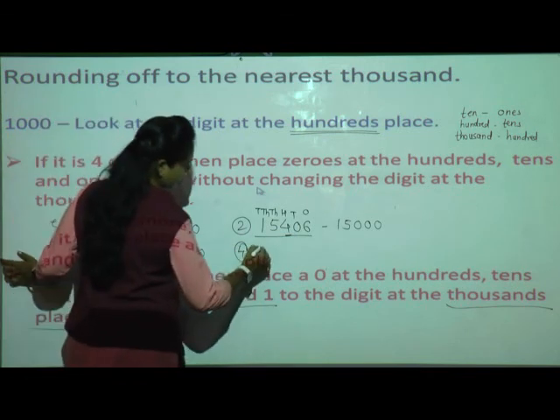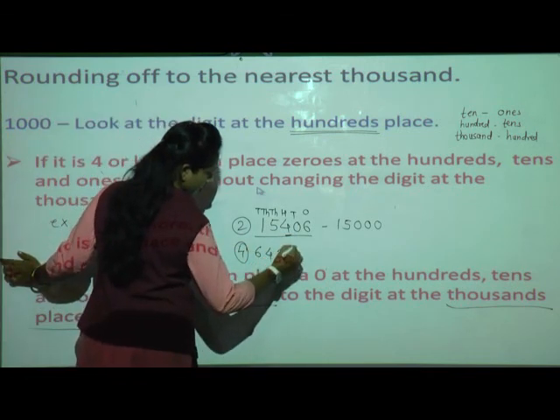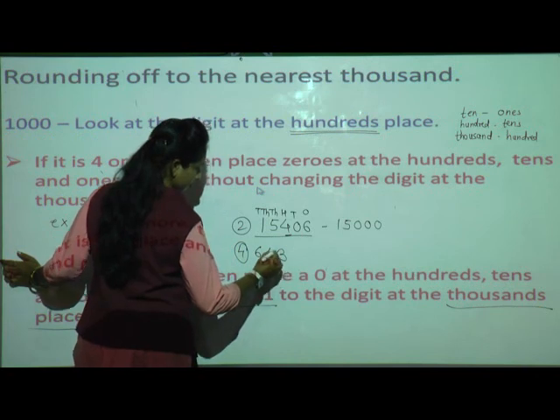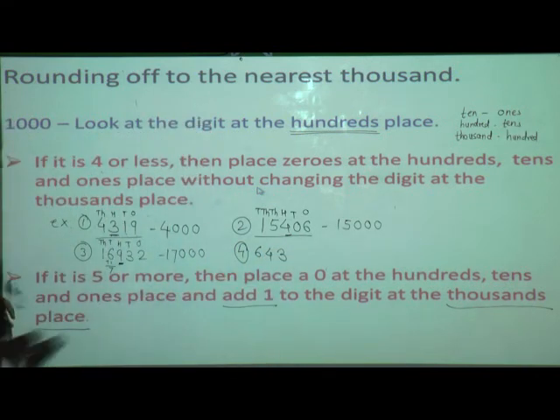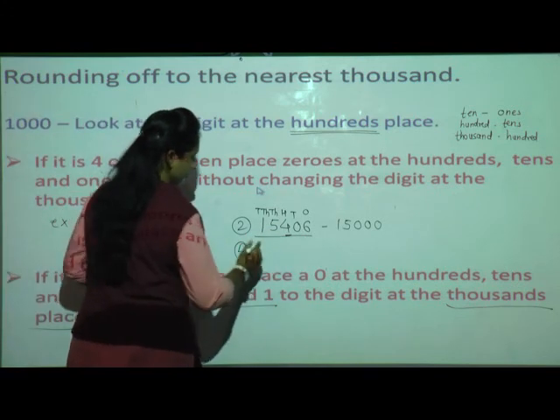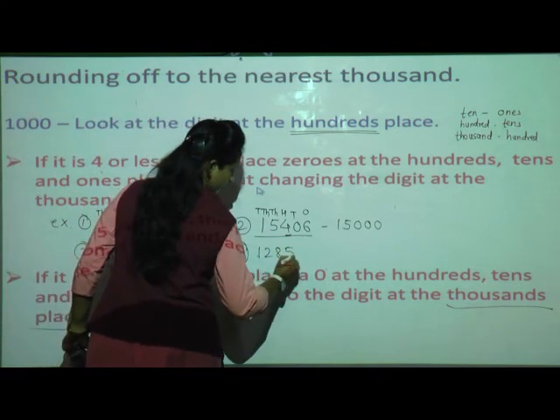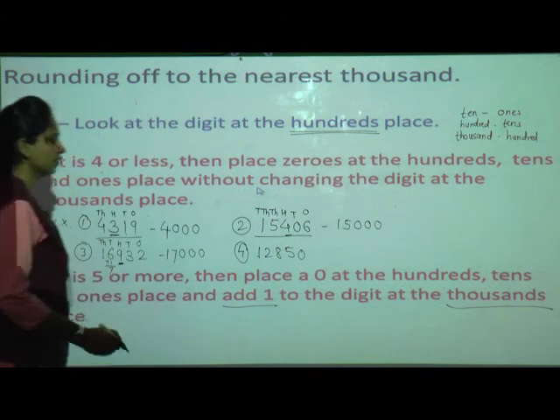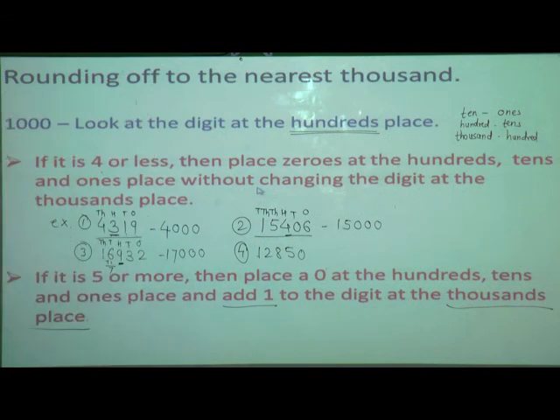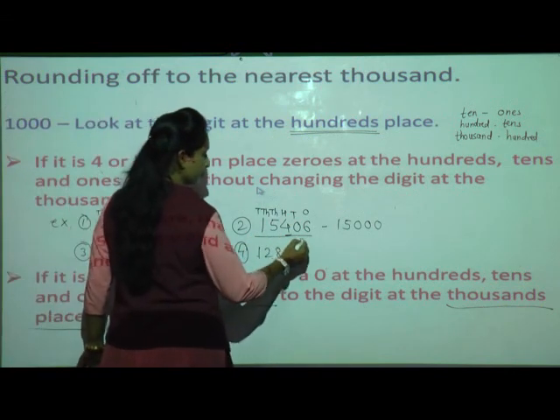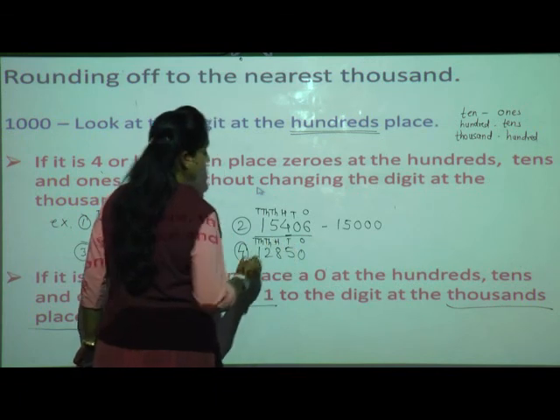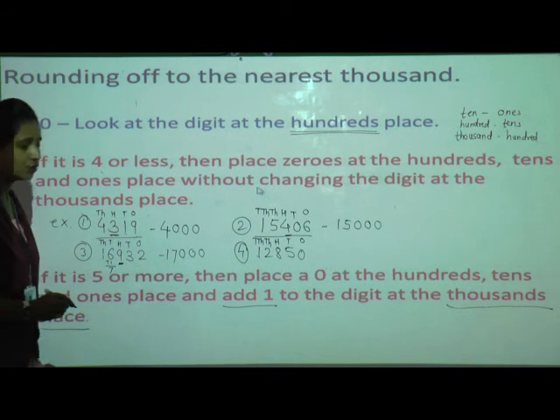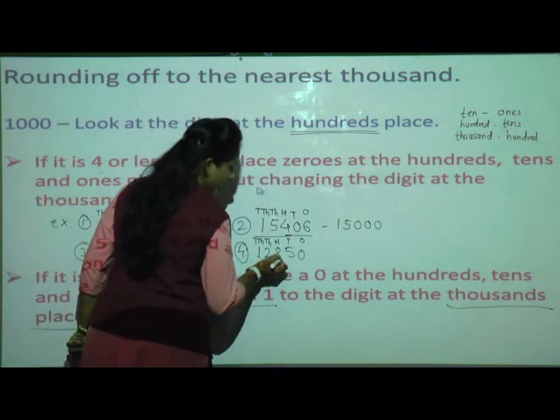Let me take one more example for you. Now see this. First what you have to do, give the place value: 1000, 10,000. Then nearest to 1000, so underline the hundreds place.